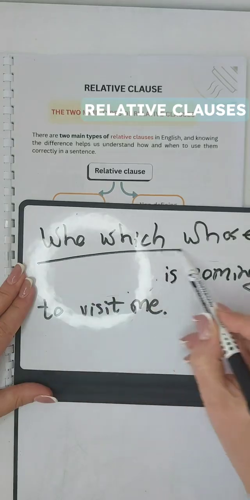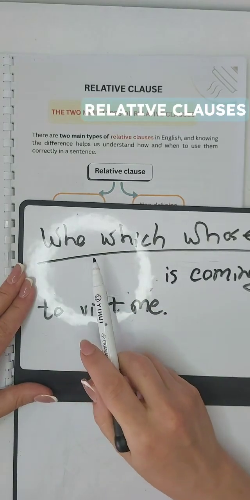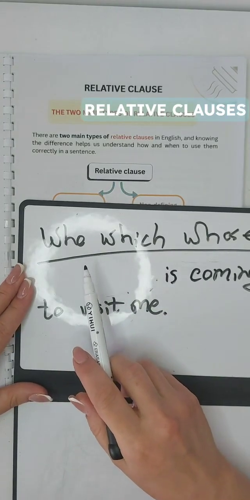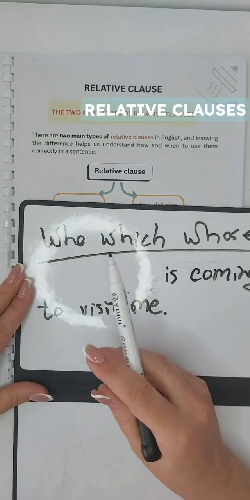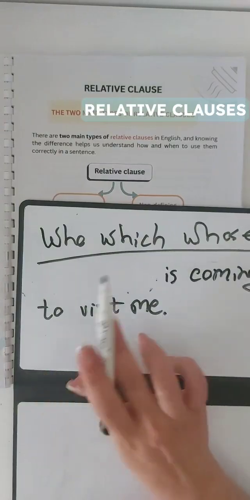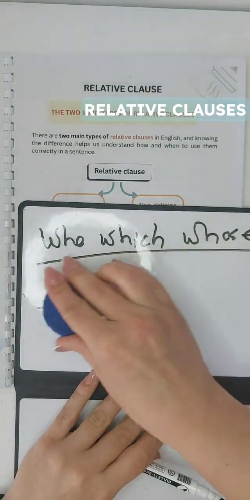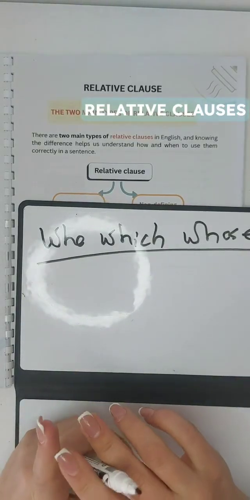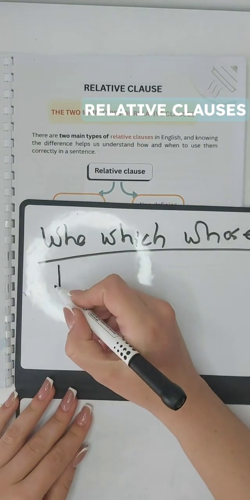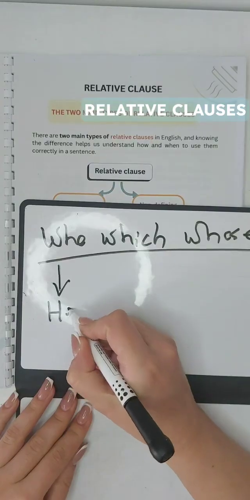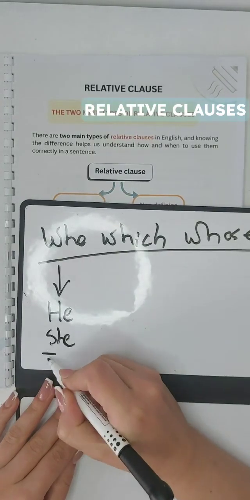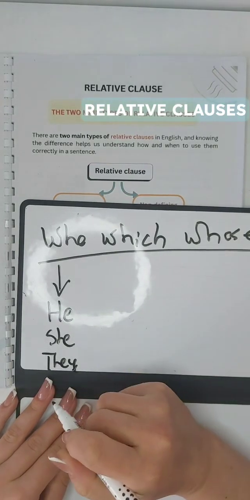These words, when we use them in relative clauses, don't work like question words. We are not asking. They are relative pronouns. Who means he or she or they.